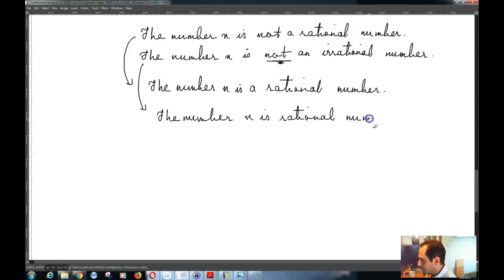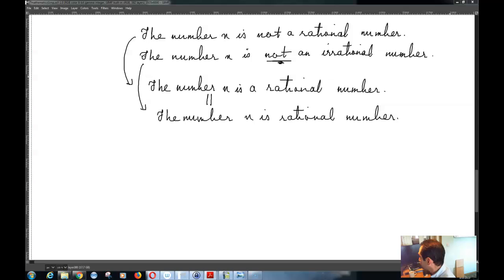And as you can see, these statements are the same. That means that this is the negation of this one. So you need to be careful over here.